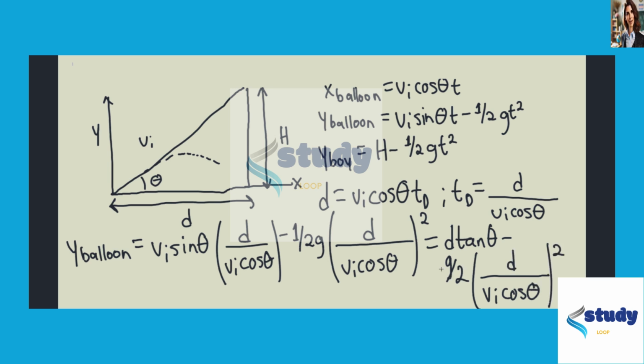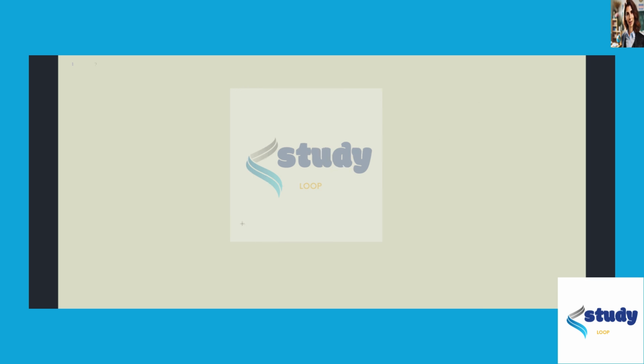And so at this point, after we find that, where is the buoy vertically at this time? We can say that y of the buoy will equal, again, h minus 1/2 g t sub d squared.